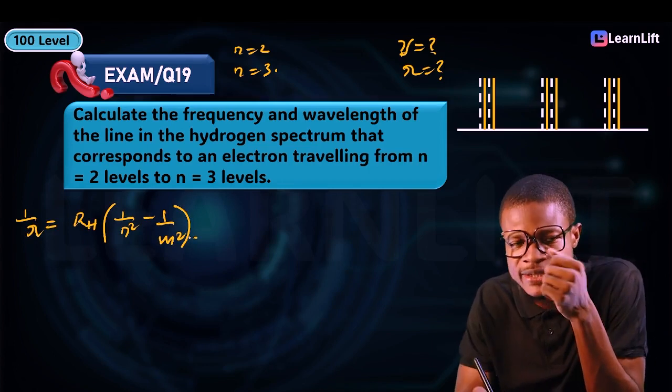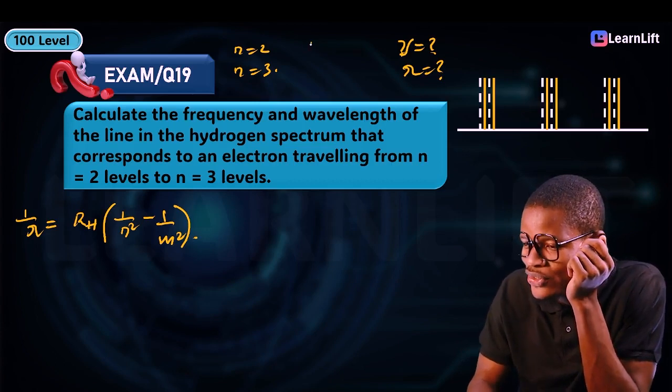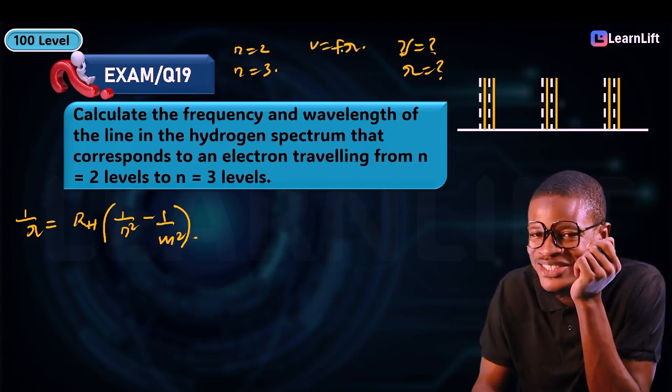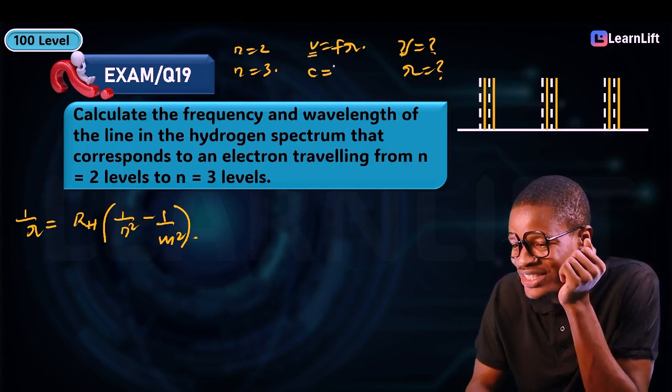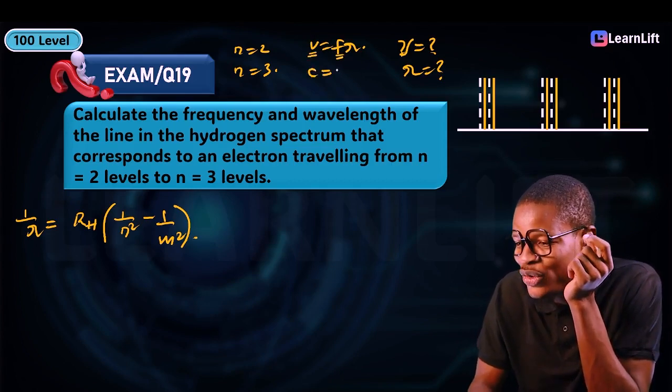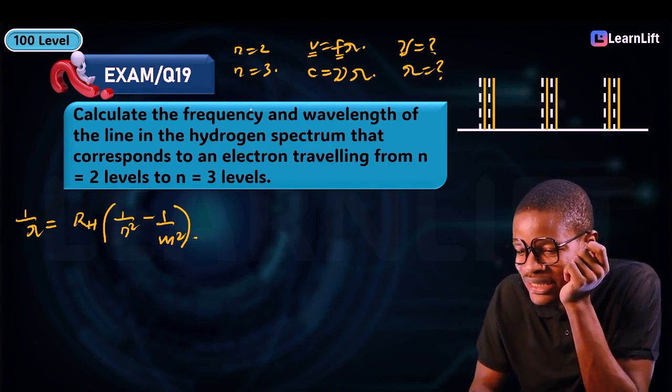Very simple and direct. Now, again, I will always refer you to your v equals f lambda. Now, what's your v? Your v there is c, so c equals f lambda. What is your f? We don't know.